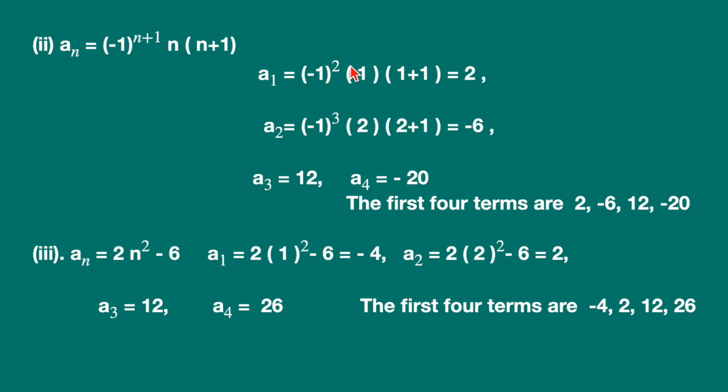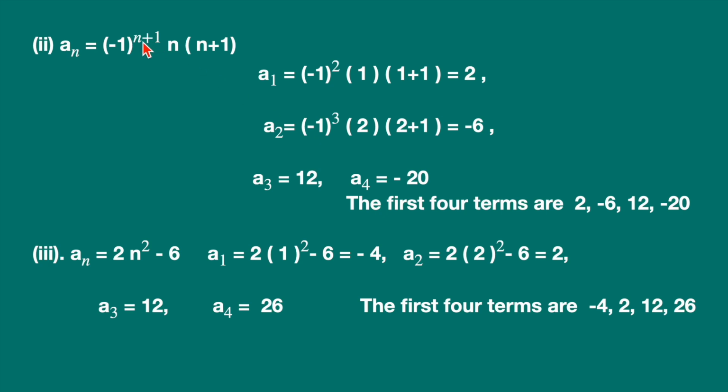So minus 1 raised to 2 into 1 multiplied by 1 plus 1. Put n is equal to 1. Simplify this. Minus 1 into minus 1 is 1. 1 into 1 is 1. 1 into 1 plus 1, that is 2. 1 into 2 is 2. 2 is the answer.